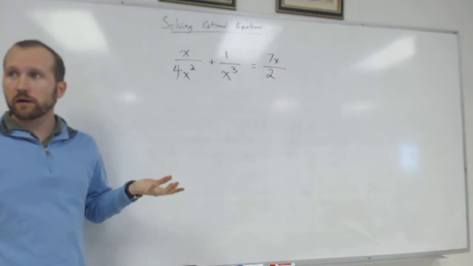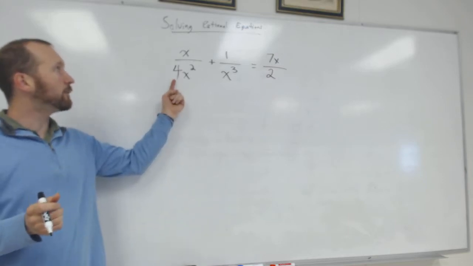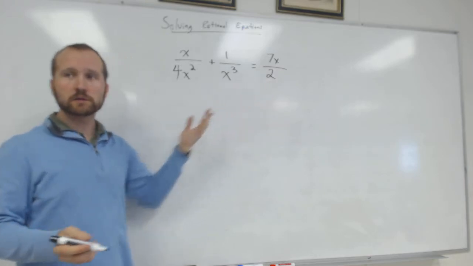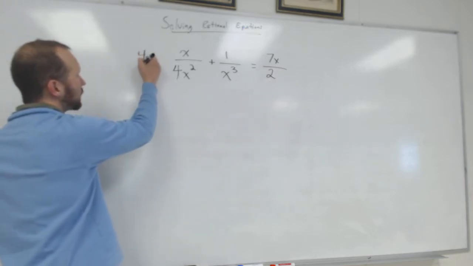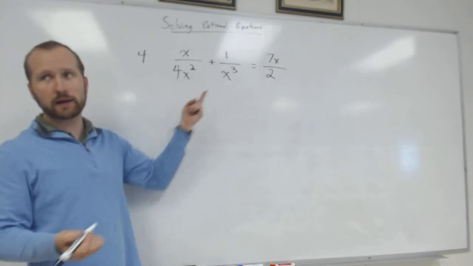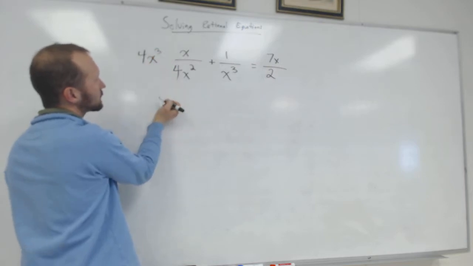Okay, so I just heard the answer if we combine what you two just said. 4 is going to clear both the 4 and the 2. 4x to the third. I'm going to multiply times 4. x to the third is going to clear both the x squared and the x to the third. So I would have to multiply everything times 4x to the third.